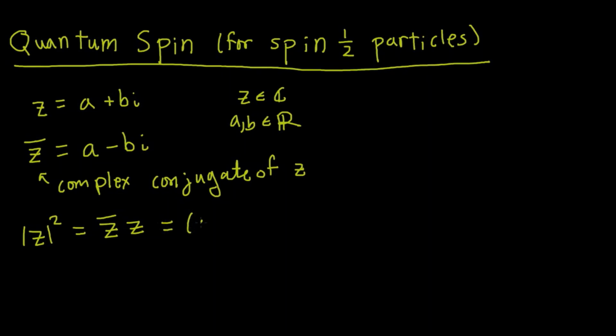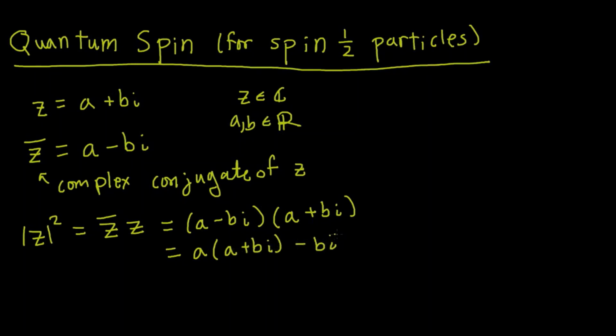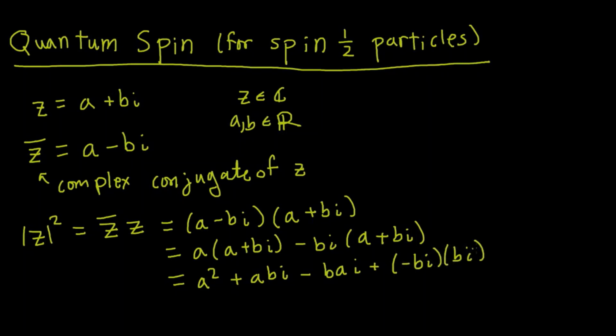If z bar is a minus bi and z is a plus bi, then we can distribute this term into these two terms separately, and that's equal to a times a plus bi minus bi times a plus bi, which is a squared plus a times b times i minus b times a times i, minus b times i times b times i.